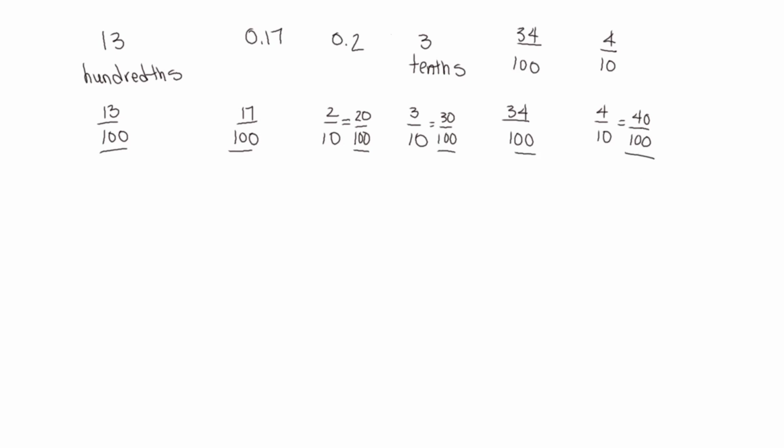So let's say we wanted to plot these on a number line. So we need to be able to show our lowest number. 13 hundredths is here, so let's start with the equivalent of 10 hundredths, which would be 1/10.